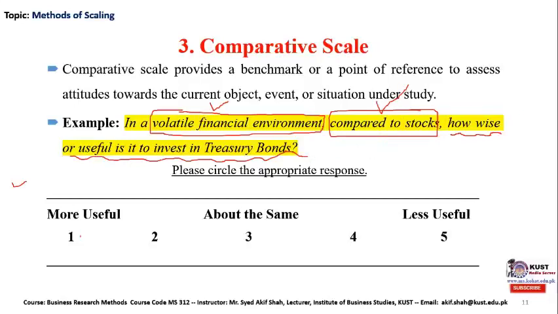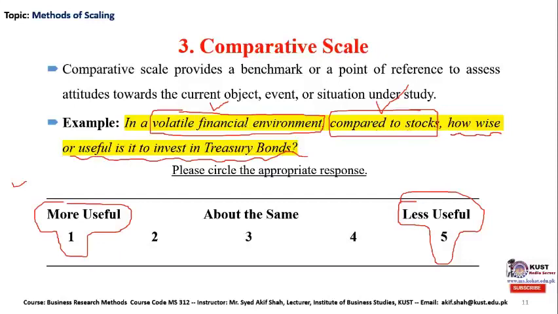And the scale states that you can select between 1 and 5. The 1 states that it is more useful to invest in treasury bonds in comparison to stock investment if there is a volatile financial environment. Similarly, the other extreme response states that it is less useful to invest in treasury bonds in comparison to stock investment in a volatile financial environment.